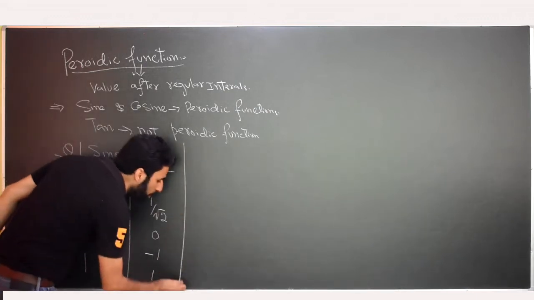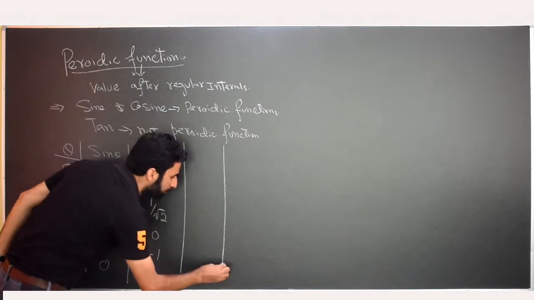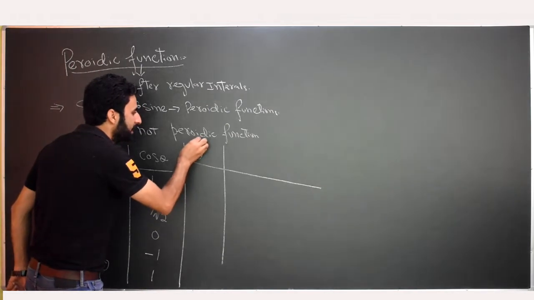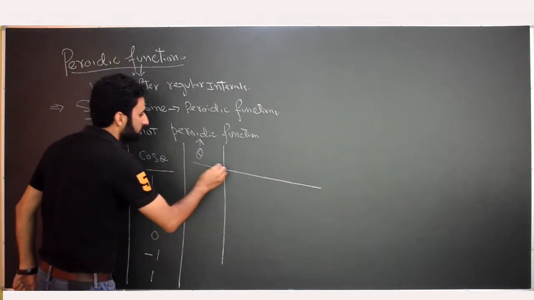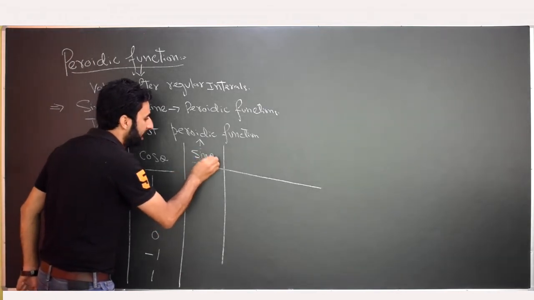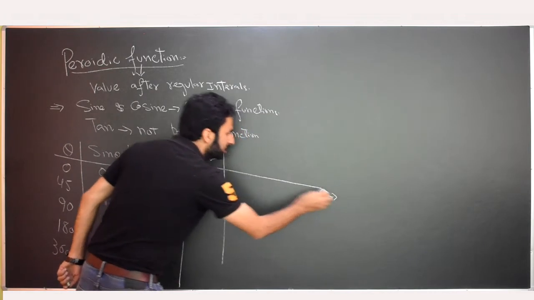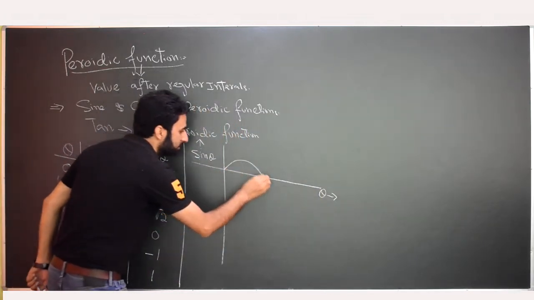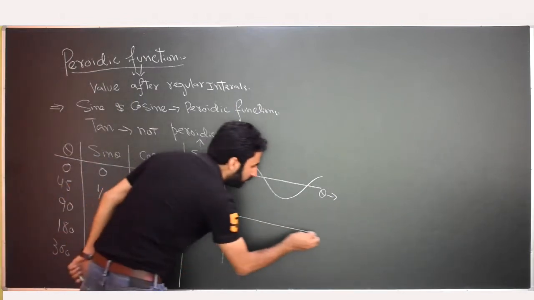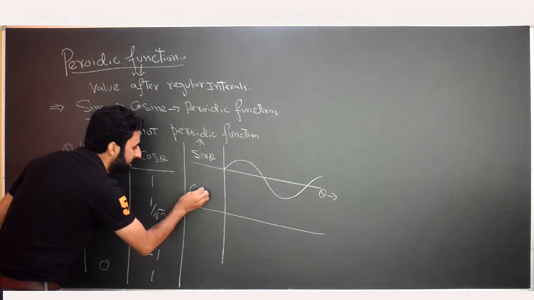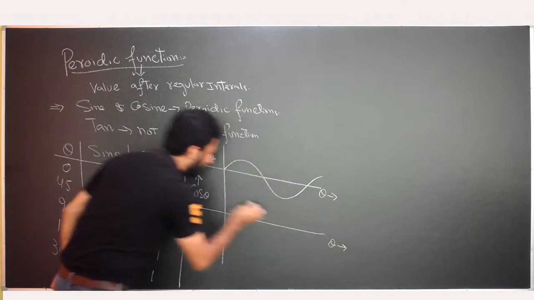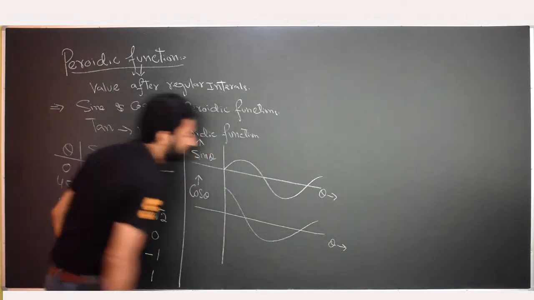And once we try to plot these things graphically, here we have theta on one axis and sine of theta on the other, and the graph we may get this way. And if we plot the graph for cosine of theta with theta, we get the graph this way.